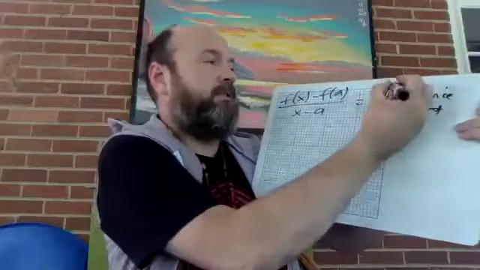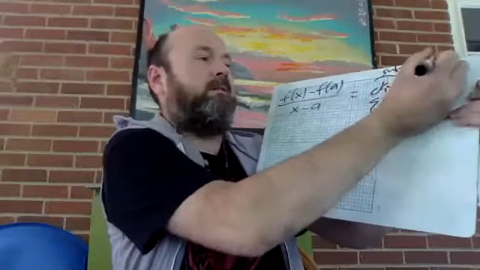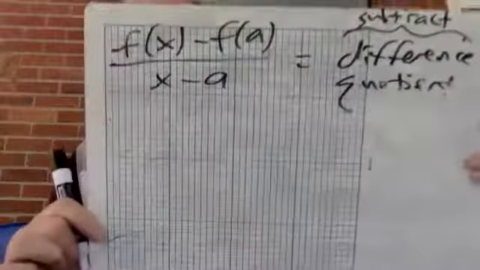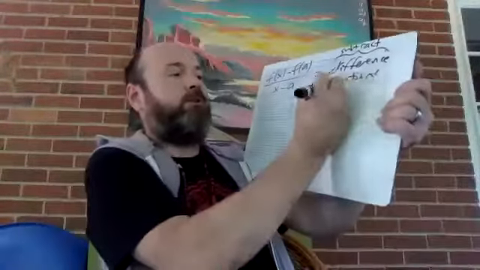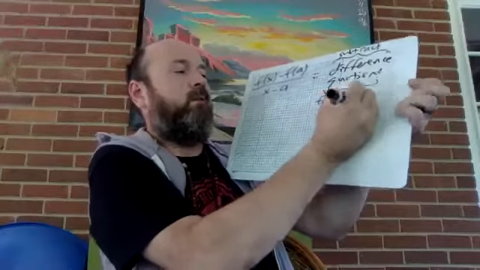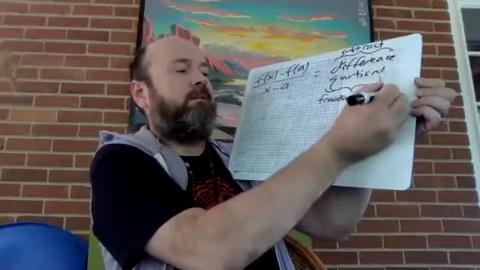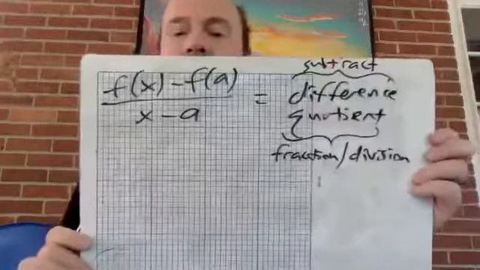It's a difference. Difference means subtraction. See, you've got subtraction upstairs and downstairs. And it's a quotient. Quotient means like a fraction or division. See, we're dividing 2 differences. It's a difference quotient. Cool.